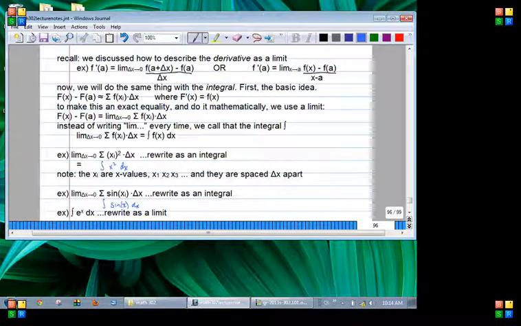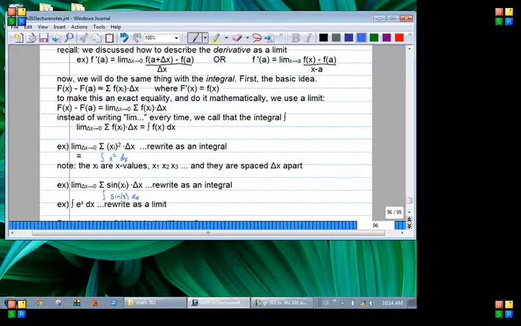We can also think about going the other way. Here we've got an integral. Let's rewrite this as a limit. So what's this going to be? The limit, right, as delta x goes to 0, the sum of e to the xi times delta x.